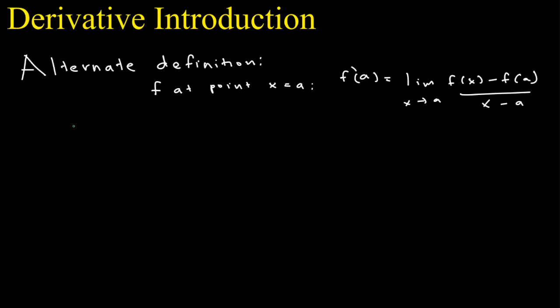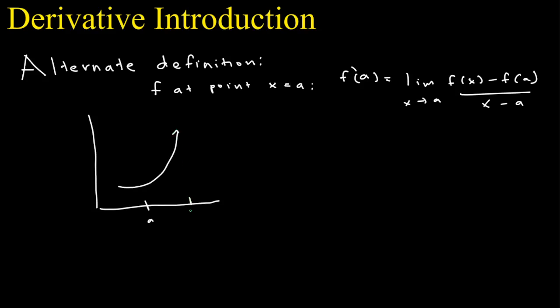Now, to get intuition about this, just remember the example of the secant lines, right? Except instead of a general point x, let's say we have some point x equals a, and this is our curve again.